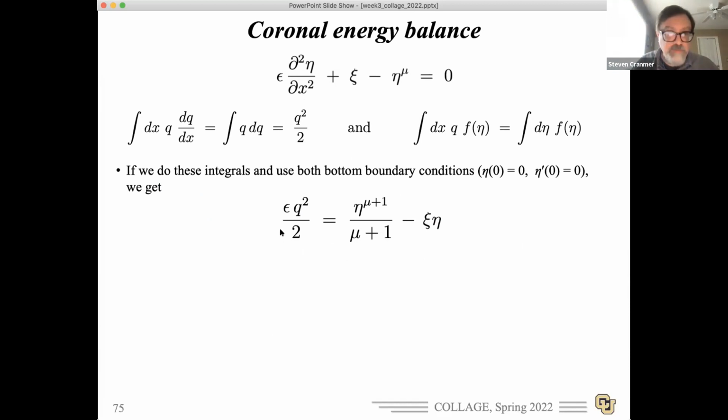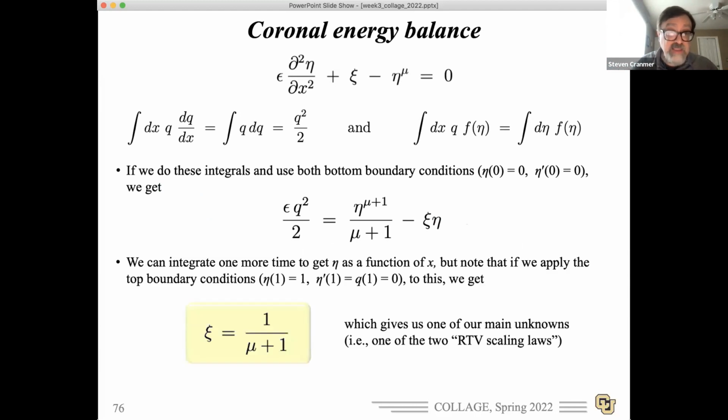You can then plug all the boundary conditions into this intermediate solution, and it turns out that you can actually solve for a numerical value for one of our 2 undetermined constants, xi, which will give us one of the scaling laws once we put in all the real dimensionful quantities again. But we haven't finished integrating. We've only integrated once.